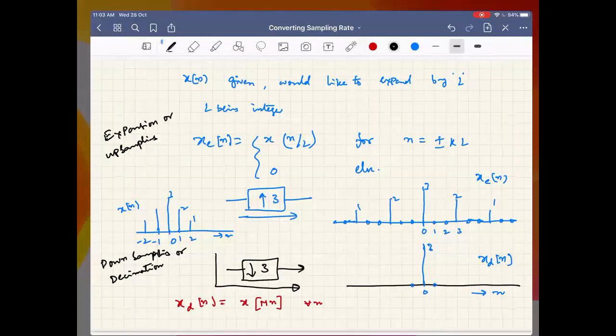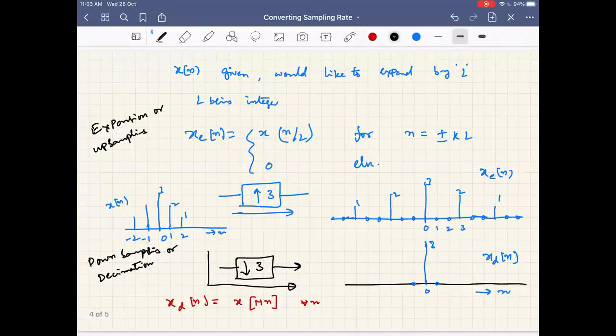So let us continue our discussion on sampling rate conversion of a discrete time signal.